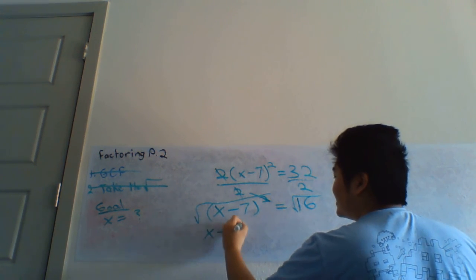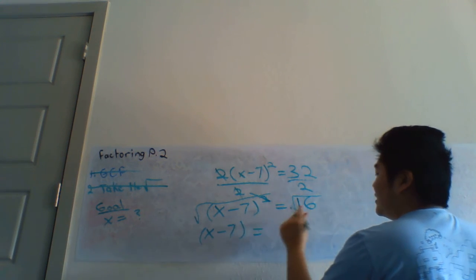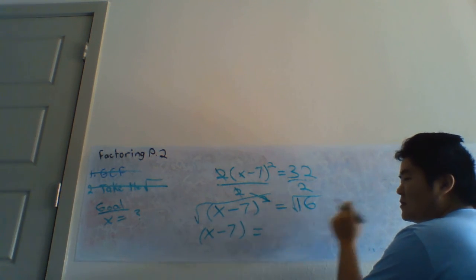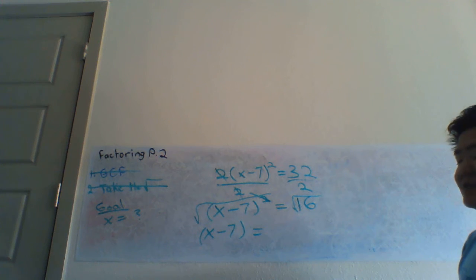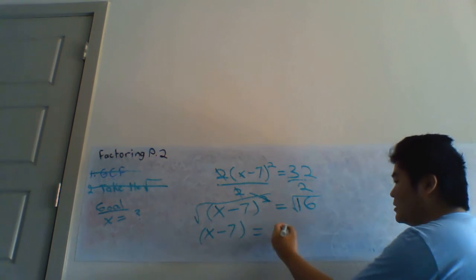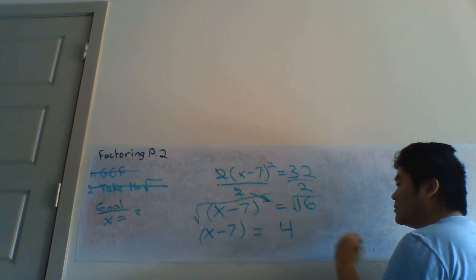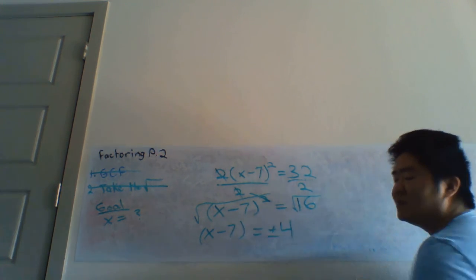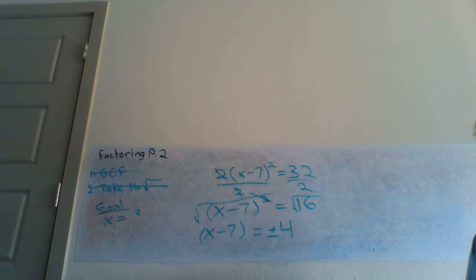So I've got x minus 7. And then this one, I'm looking for the number that multiplies by itself to be 16. And just like before, it's going to be 4. But it's going to be plus or minus still. All right. Then we've got to make our 2 cases.